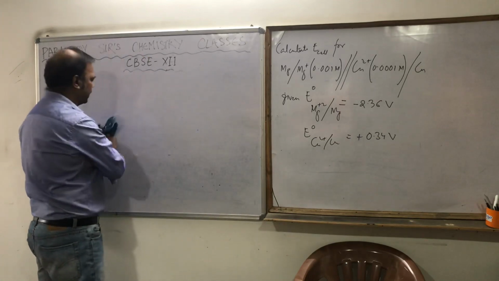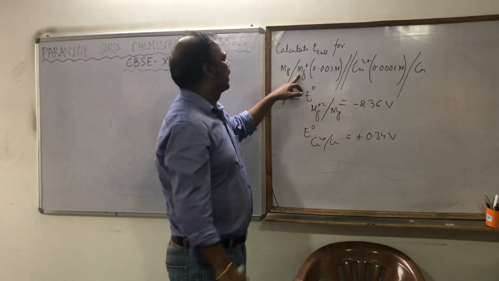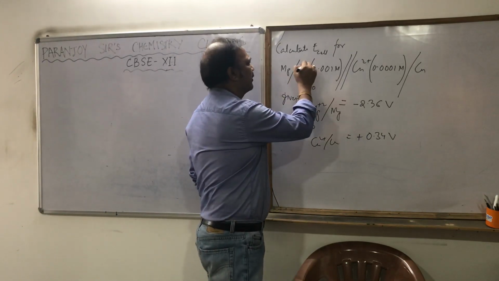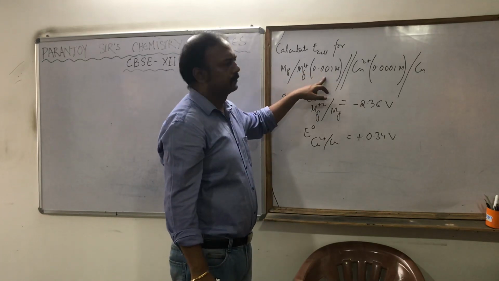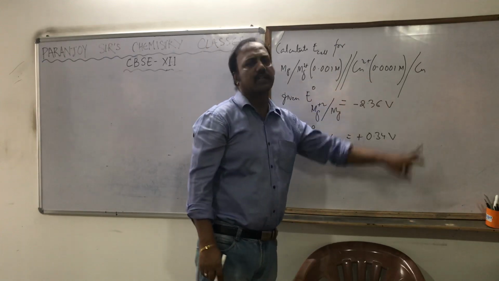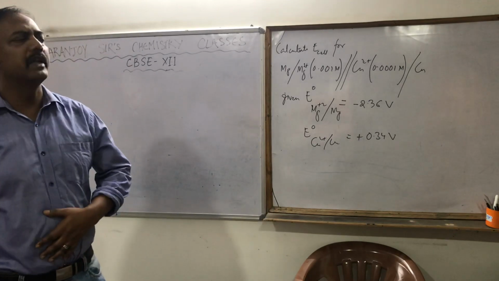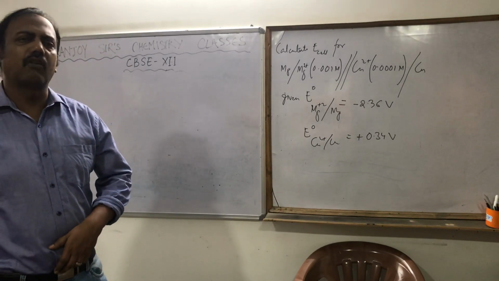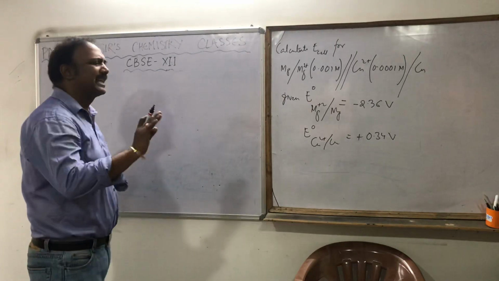The first condition: you see that the concentration of Mg2+ is certainly not 1. Same way, the concentration of Cu2+ is also certainly not 1. Some other concentrations are given, which means the cell is at non-standard condition. That's the first thing.